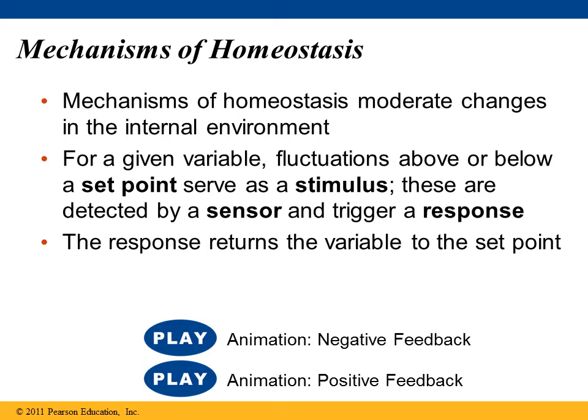The feedback loop causes mechanisms that make you sweat and bring you back to that set point. Then the positive feedback loop is when you go further away from that set point. So it causes an increase in the mechanism that caused the change from that set point. Our loops depend on whether we're going closer or back to our set point, or going away from our set point. Negative is we're going to bring it back to our set point. Positive means we're going to go away from it.